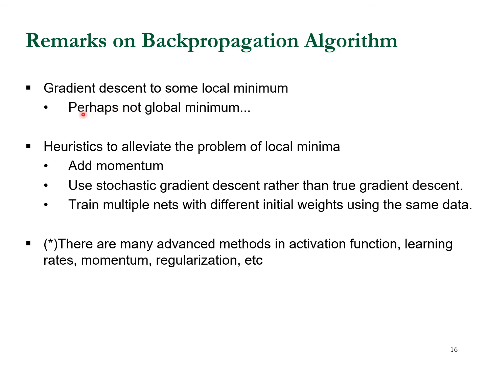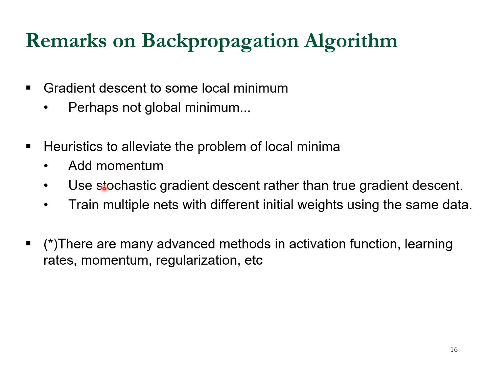There is no guarantee that your answer is the global minimum. In order to avoid the local minimum problem, you can add momentum. It may solve a small dent of the error surface, but anyway, this is one method.